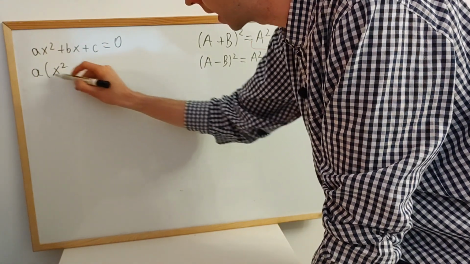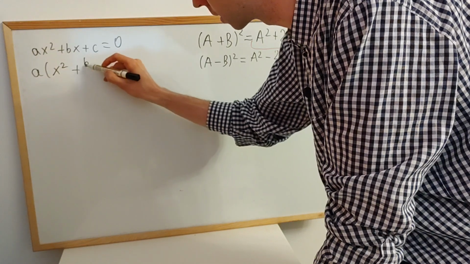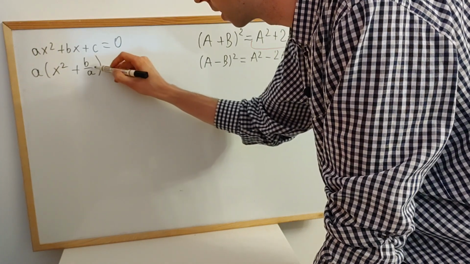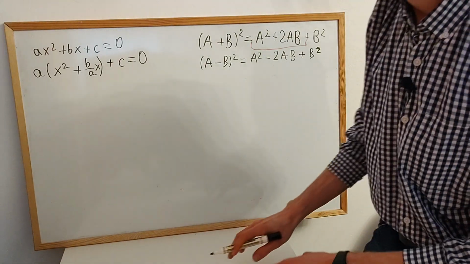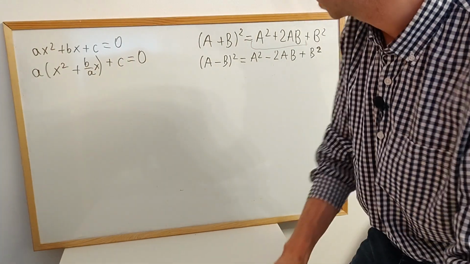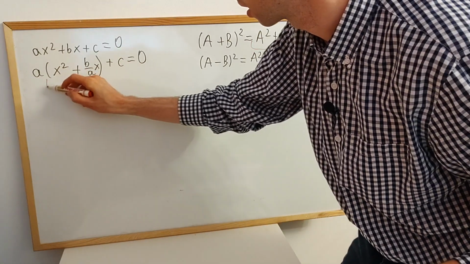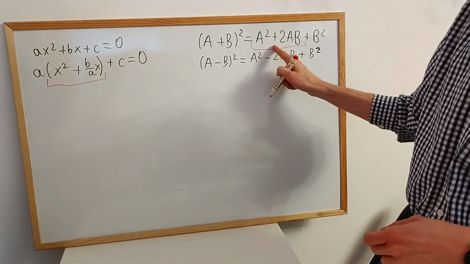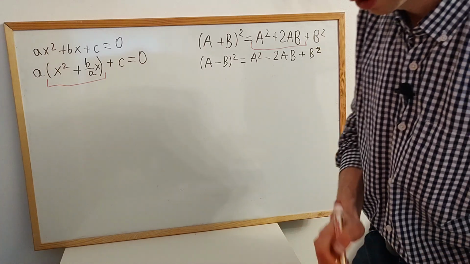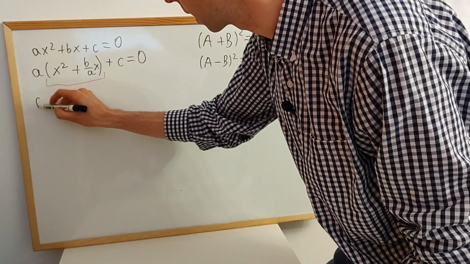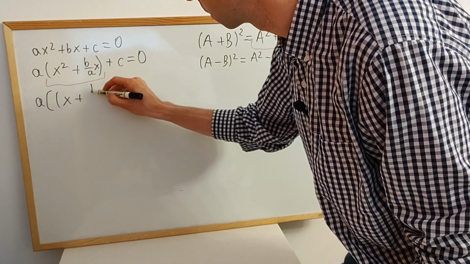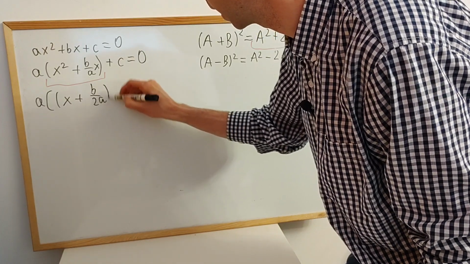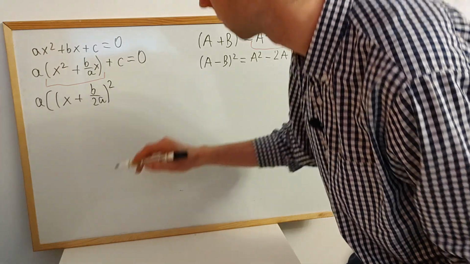So it's a times (x squared plus b over a x) plus c equals 0. And now let's think of this bracket as these two terms. Okay, so in this case I have a, and this will be (x plus b over 2a) squared.